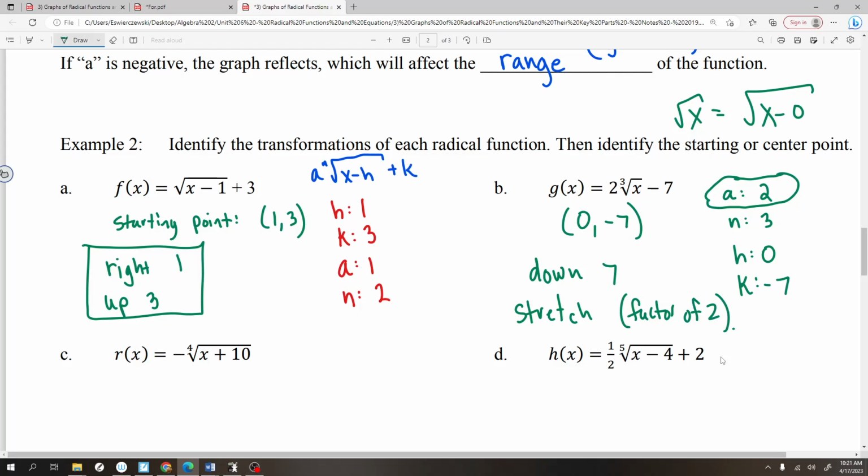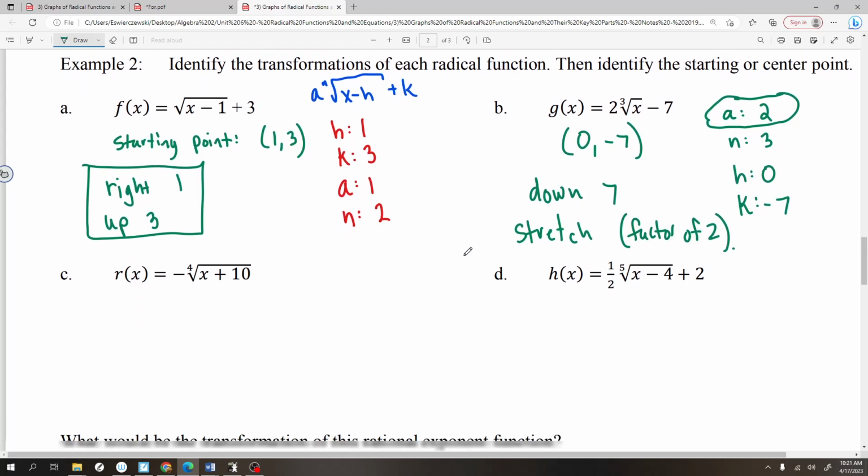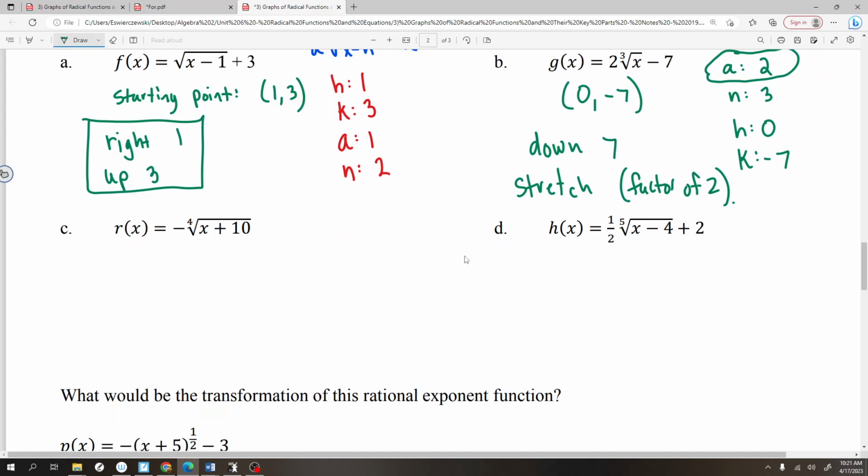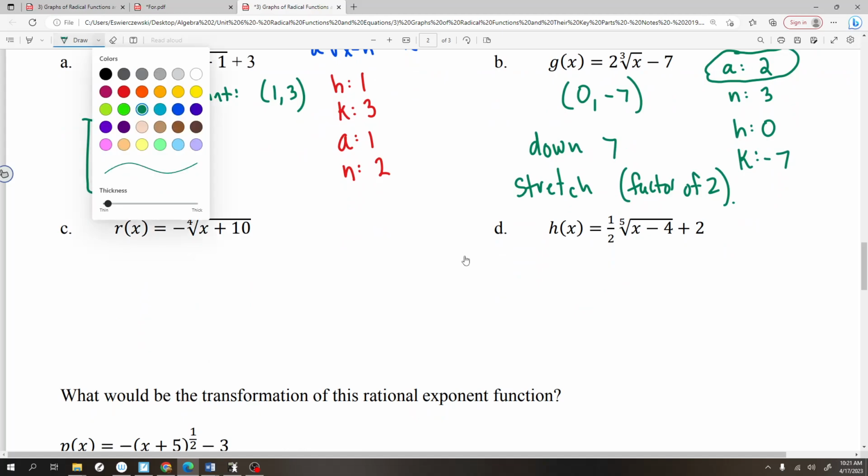If A is negative, that's when we get that reflection. Yeah, that says stretch factor of 2. All right, let's do part C. We're doing the matching game. Here we go.